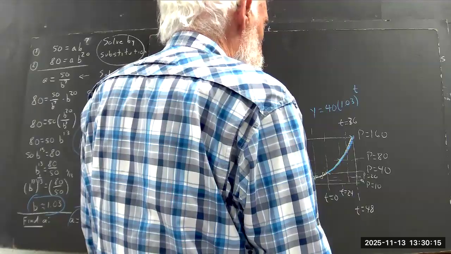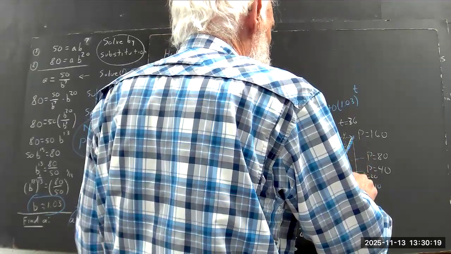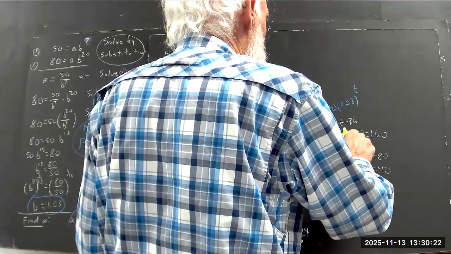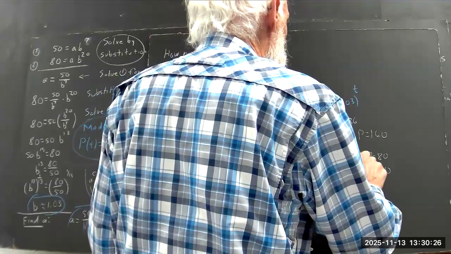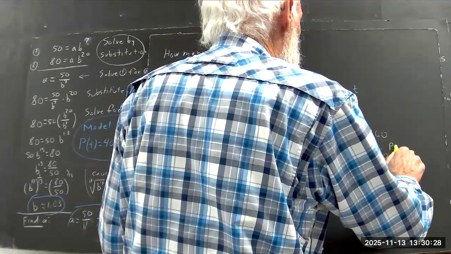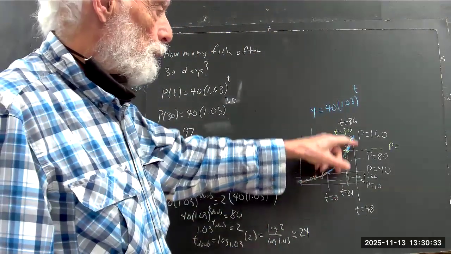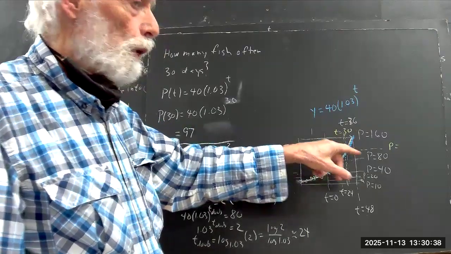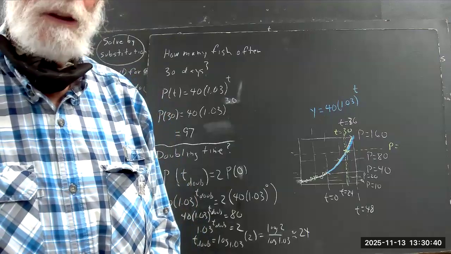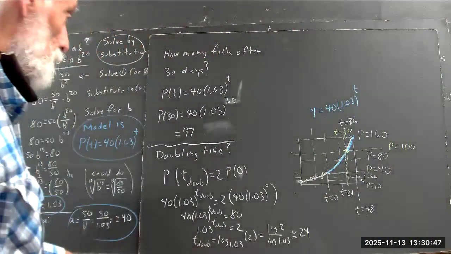So the t equals 30 ought to be about here. What's p equal on this line? Well, halfway between 80 and 160 is 120, but this is a little bit below 120, right? A little bit below halfway. And p equals 100 is not a bad estimate for a hand sketch graph.